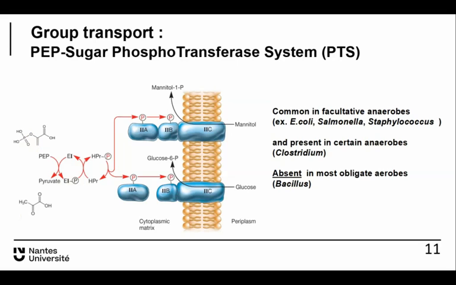But the clever thing about it is that this cost of one ATP does two things at the same time. It has the transport of the glucose across the membrane and its phosphorylation into glucose 6-phosphate. That's important because the first step in glycolysis is the phosphorylation of glucose to glucose 6-phosphate.